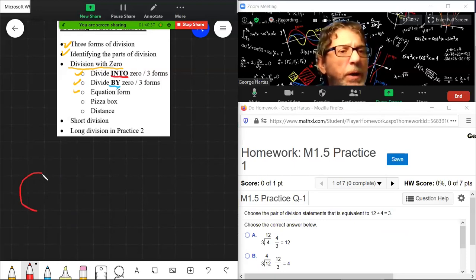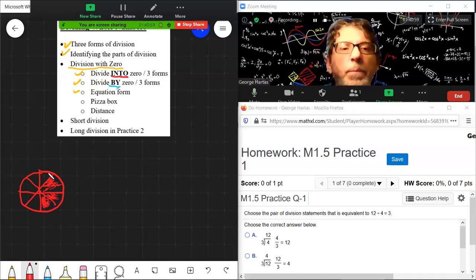So bear with my artistic inability. Here's a pizza box. Okay, there it is. And there's one slice in there. There are 2 slices. There are 3 slices in this pizza box. Now, this pizza box holds 8 potential slices. And there are 3 slices in the pizza box.